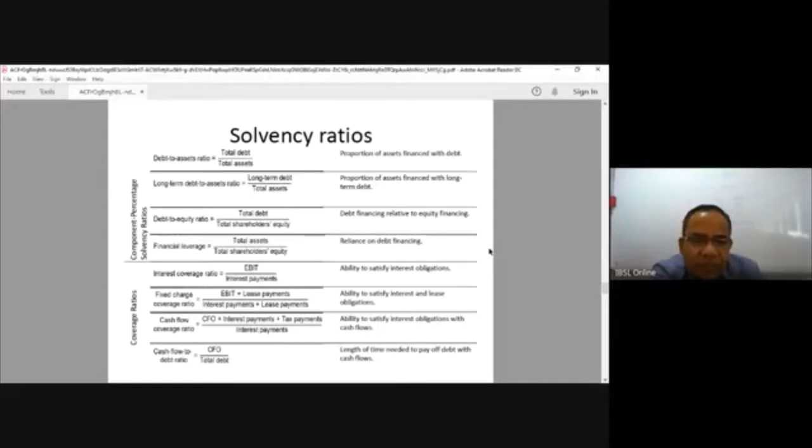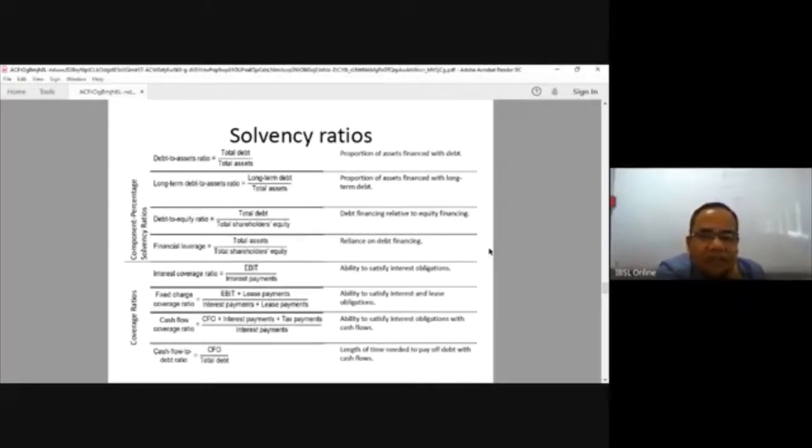The financial leverage, one of the important ratios, shows how much it is levered. What is the reliance on debt financing? This is where we said banks are highly leveraged, right?